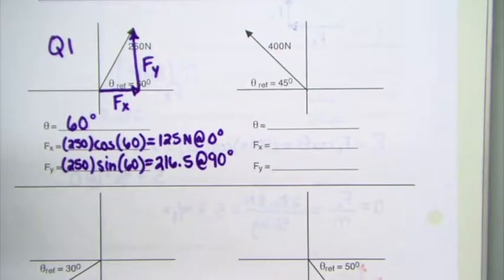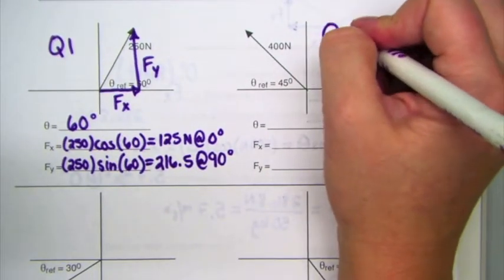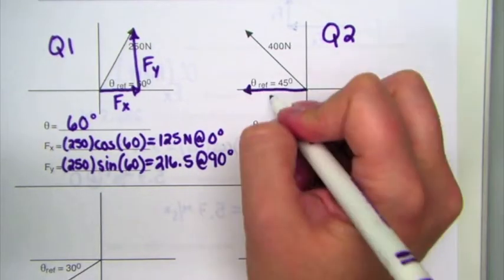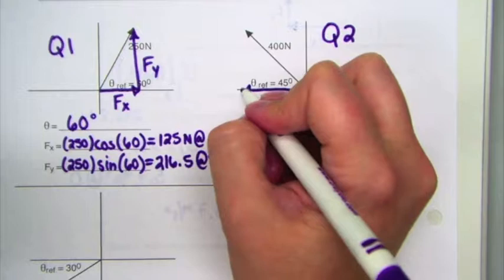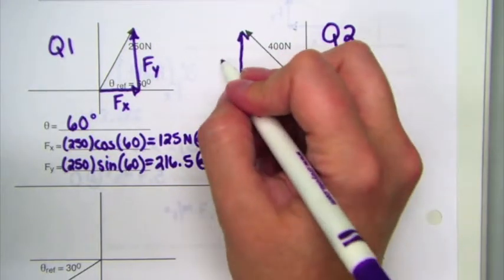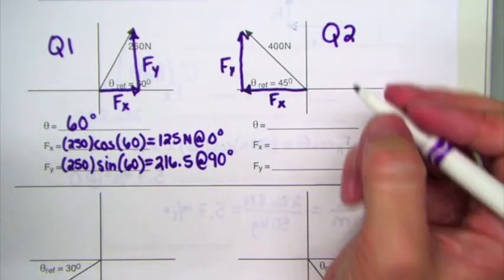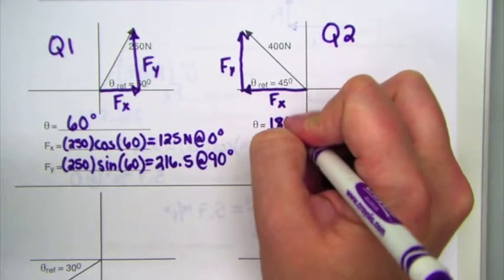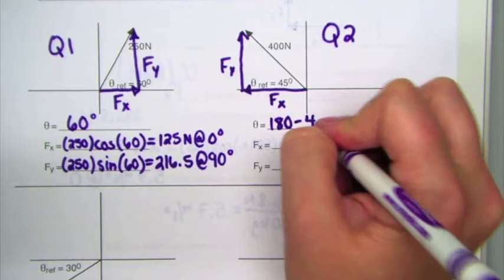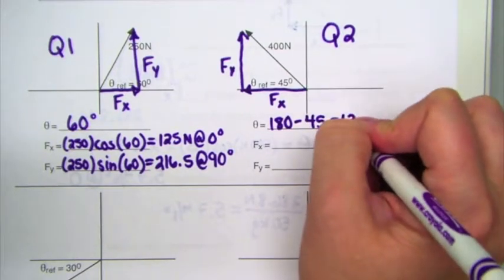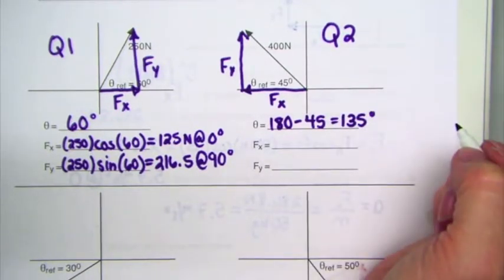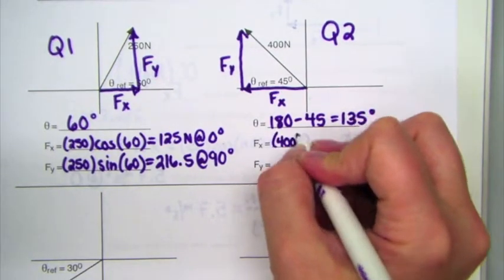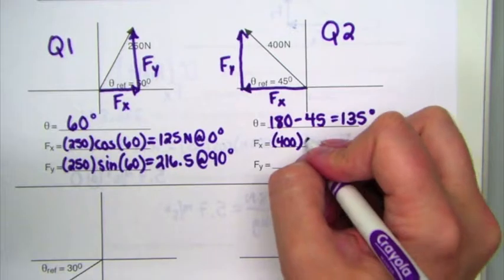Okay? Quadrant 2. Break it down into your component vectors. We know that since it's in quadrant 2, we do 180 minus our reference angle to get our 360-degree angle. We're going to plug in our numbers into the same formula.